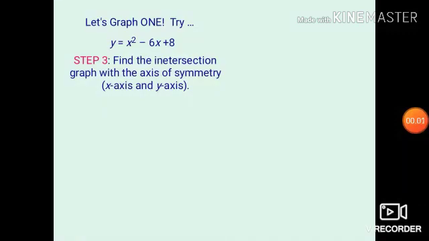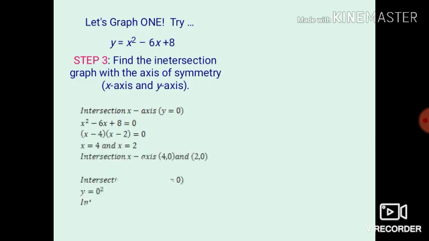The last step, or step 3, is find the intersection of the graph with the axis of symmetry, x-axis and y-axis. If we find intersection with the x-axis, the value of y is equal to 0. So, the equation must be x squared minus 6x plus 8 equal to 0.